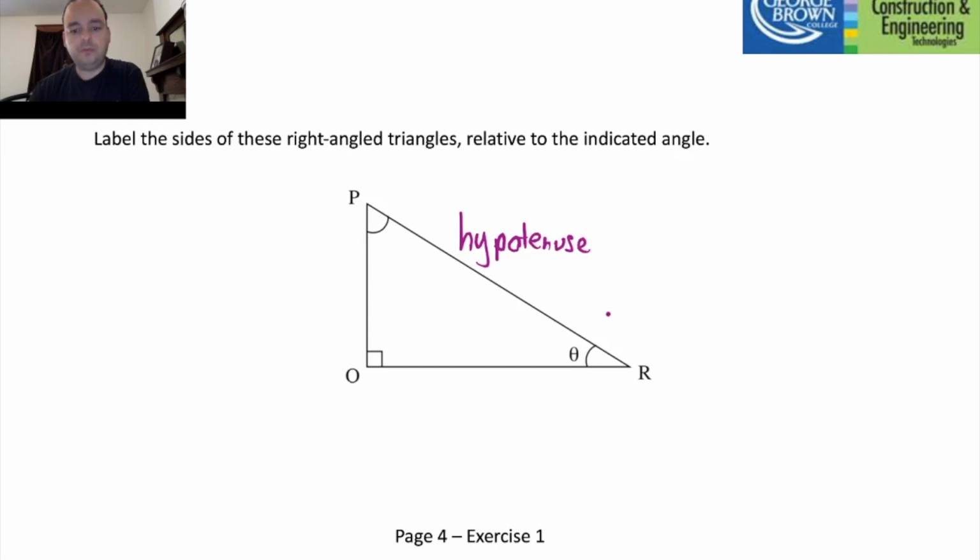Relative to this angle, this side is opposite. And the side that is over here beside the angle theta, we need to give that a name. We could call it beside, but what is typically named is the adjacent side. The word adjacent just means beside. So that's pretty much it.